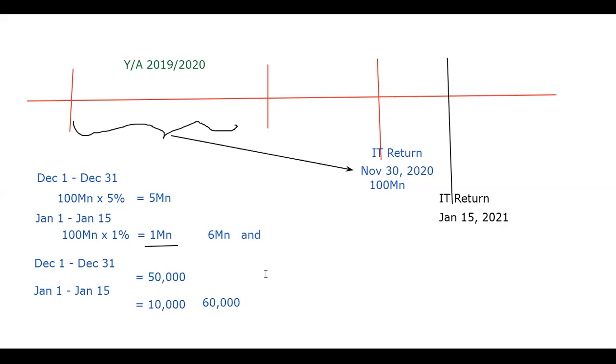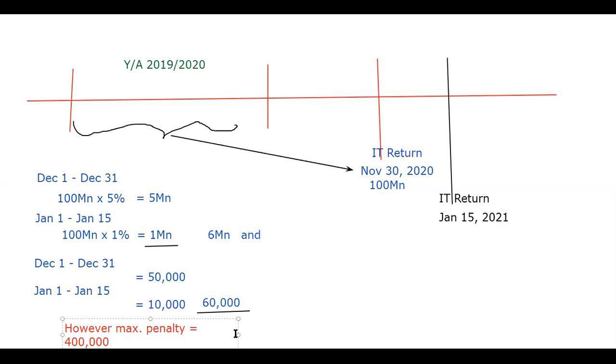But the law says, however, the maximum penalty is limited to 400,000. You can include the total altogether, 6 million and 60,000, and then however, the maximum penalty is limited to 400,000.